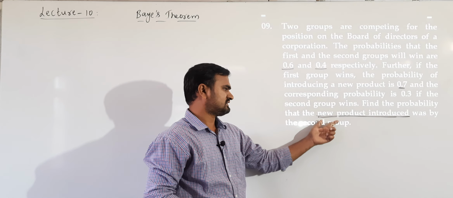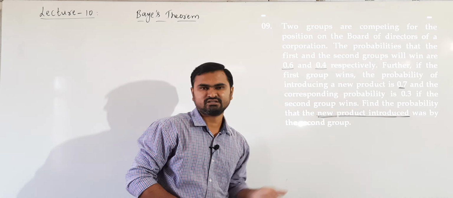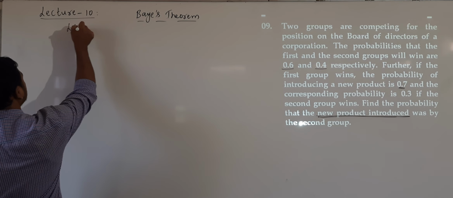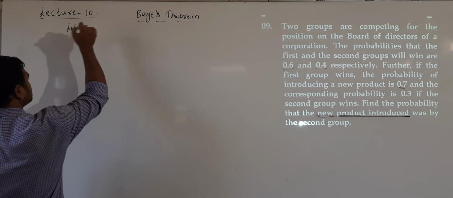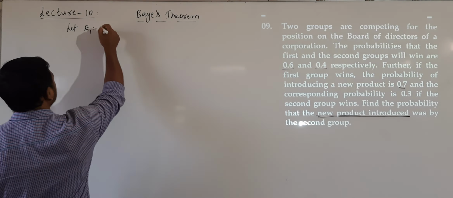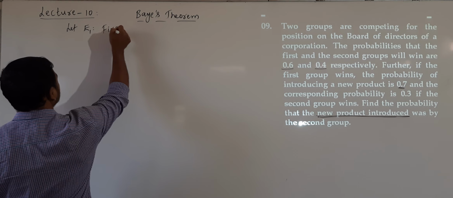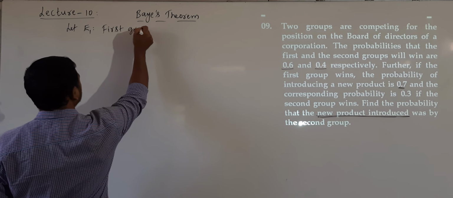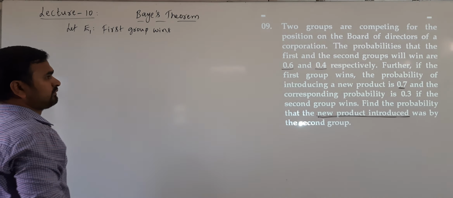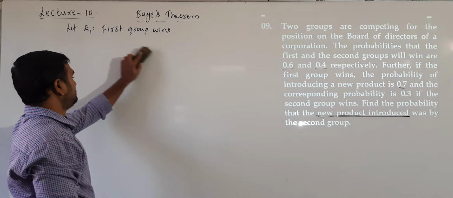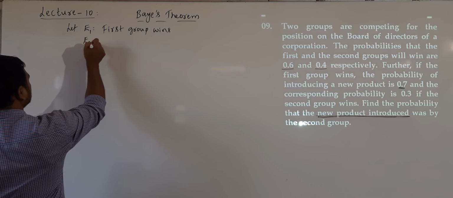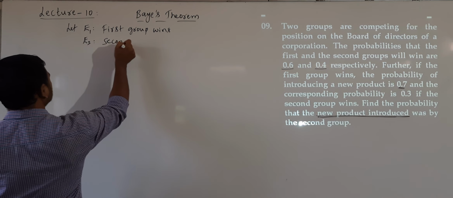Then we require the second group, so that second case we write in the numerator. So let us take the events. Let E1 be the event that the first group wins and E2 be the event that the second group wins.